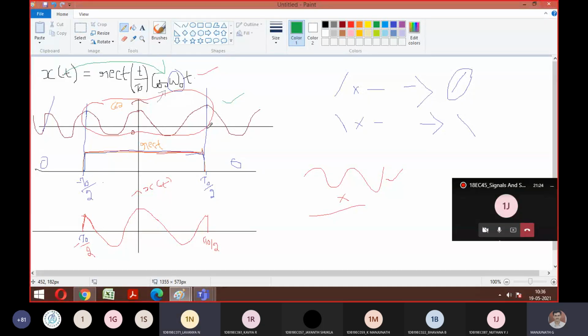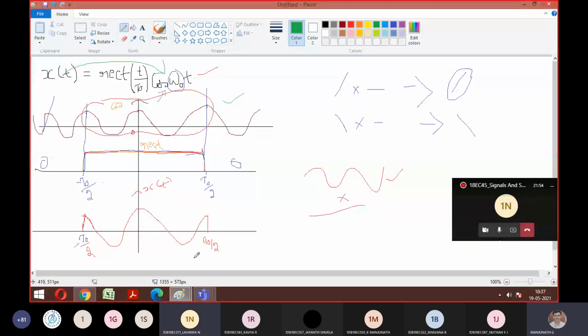Power signal. Why? Because the given x of t is cosine, meaning it is periodic with infinite duration, so I can go with a power signal. But since it has been multiplied with your rectangular function, I can't go with continuity, that is, periodic with infinite duration. So it has become finite duration. Whenever we come across finite duration, even if it is periodic, it belongs to an energy signal. Is it okay till here?